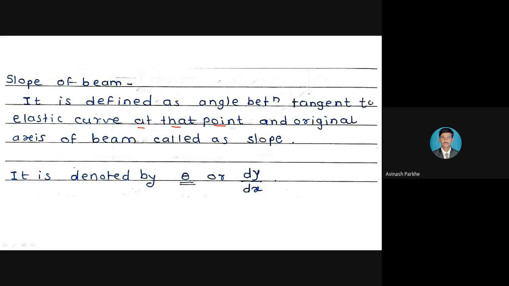That point is called as a tangent point, and the angle between that tangent point and original axis of beam is called as a slope of the beam, and it is measured in the form of angle, or maybe in degree or radian. And that slope of the beam is represented by theta, or by dy by dx. But maximum times the deflection is represented by the capital Y, and the slope is represented by the capital theta. So this is about the important definitions related to the slope and the deflections.